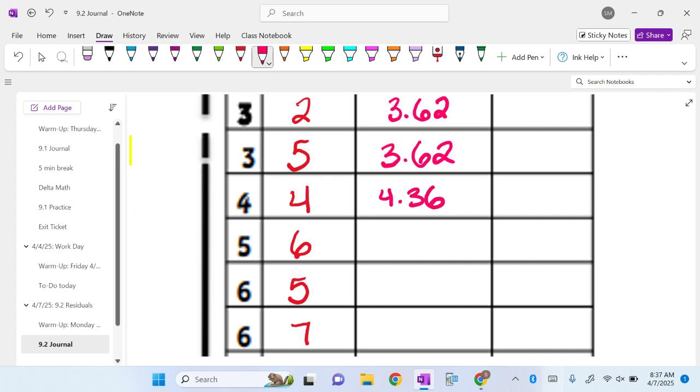What about 5? So what'd you guys get for 5? Come on. 5.1. What about 6?